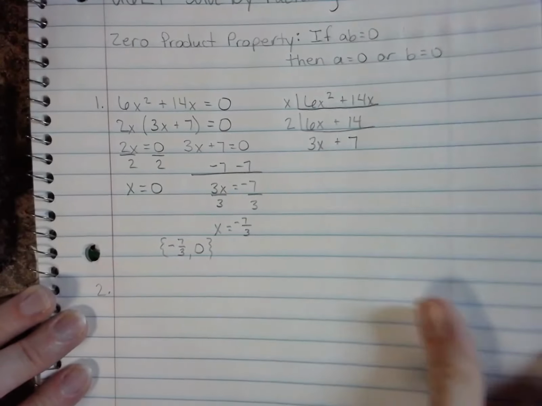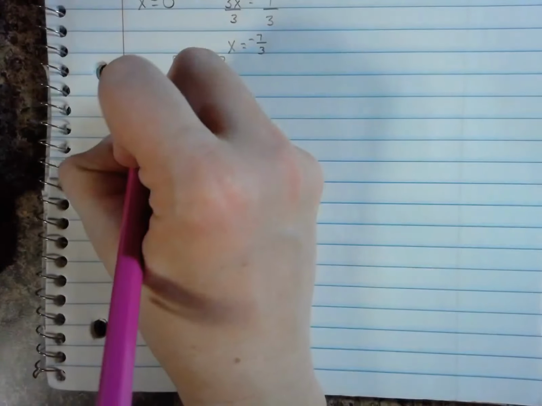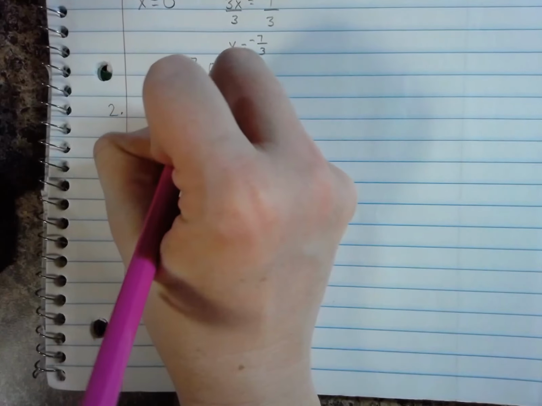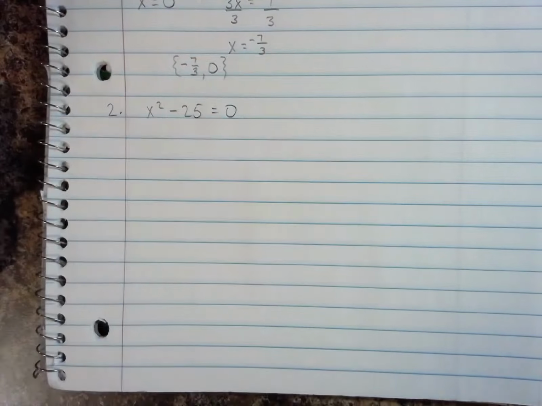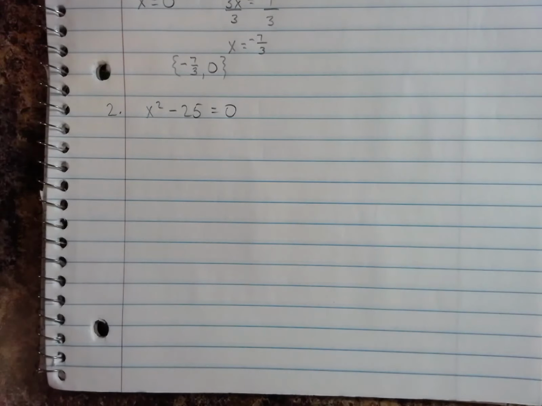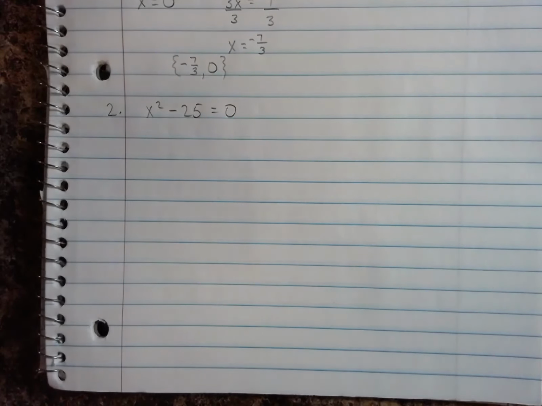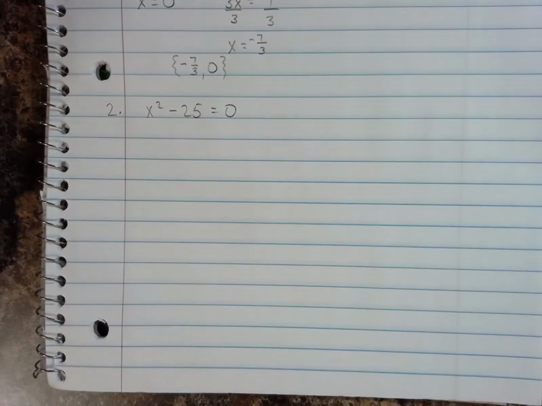Let's look at another example. Number 2. We have x squared minus 25 equals 0. Again, solving by factoring, you'll use the zero product property. Always look for the GCF first. X squared and 25 have nothing in common, therefore we will factor this binomial.